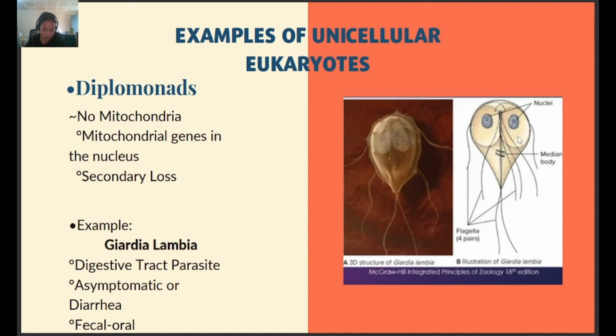If you get it, you may have no symptoms, or be asymptomatic, or, as I said earlier, it can cause severe diarrhea. It spreads from host to host. For example, you drink water from a stream contaminated with sewage, human waste, or animal waste, and you get it. It is called the traveler's parasite.